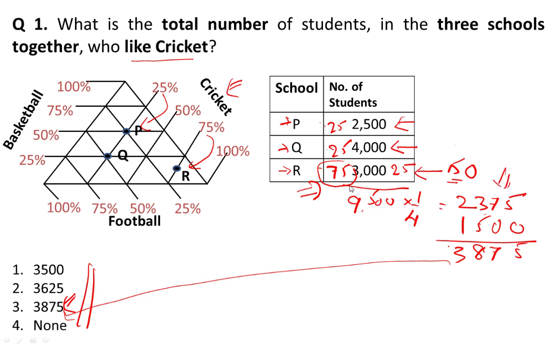Now, for the school where I was supposed to take 75% of 3000 but took 25%, an additional 50% is to be taken and added to the resultant number. So 50% of 3000 is 1500, and this 1500 is added. I got the total figure. Hope you understood this. Yes, great.